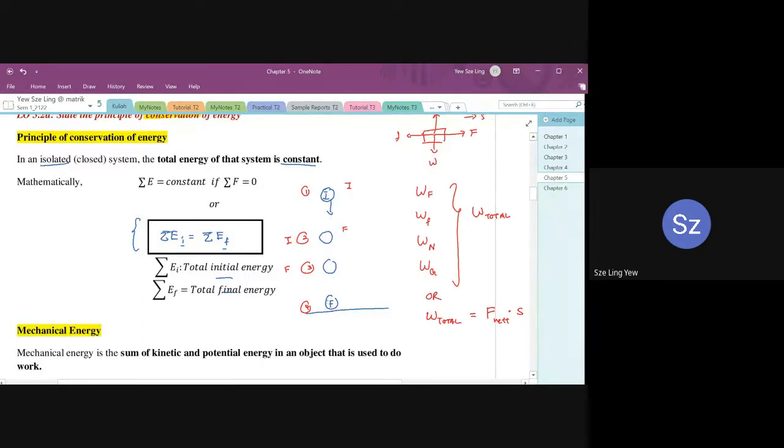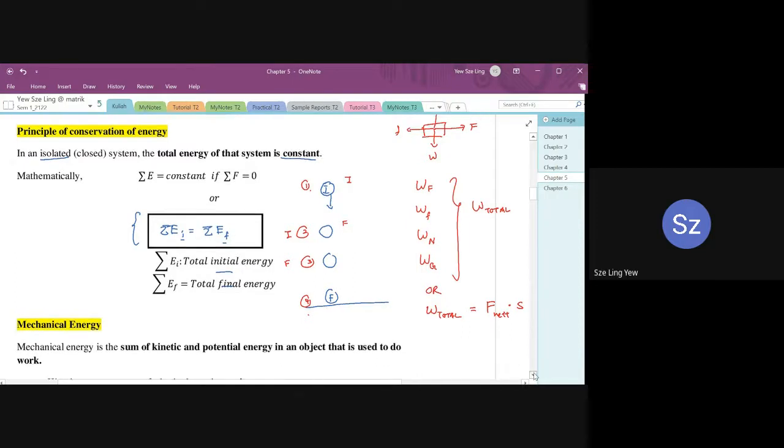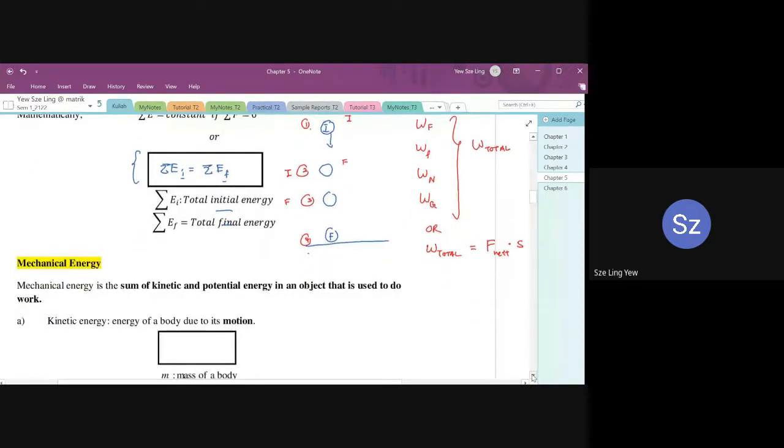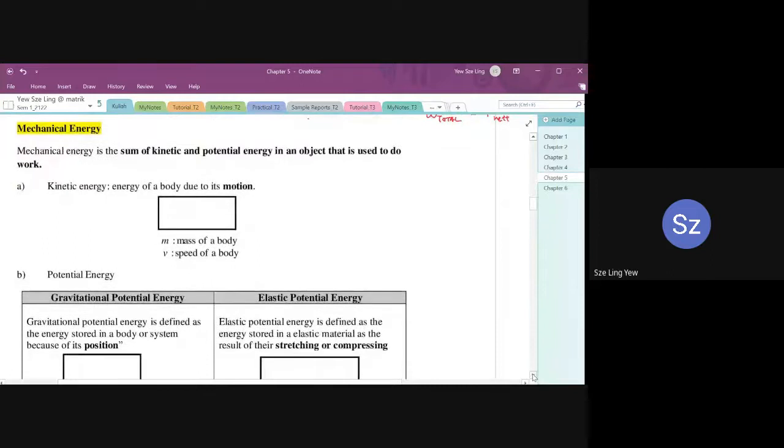So don't always assume initial is position 1 and final is position 4. That is wrong. It is up to you to choose the initial and the final position. So don't get the wrong idea. Make sure you know the meanings of initial and final. You are the one that decides.